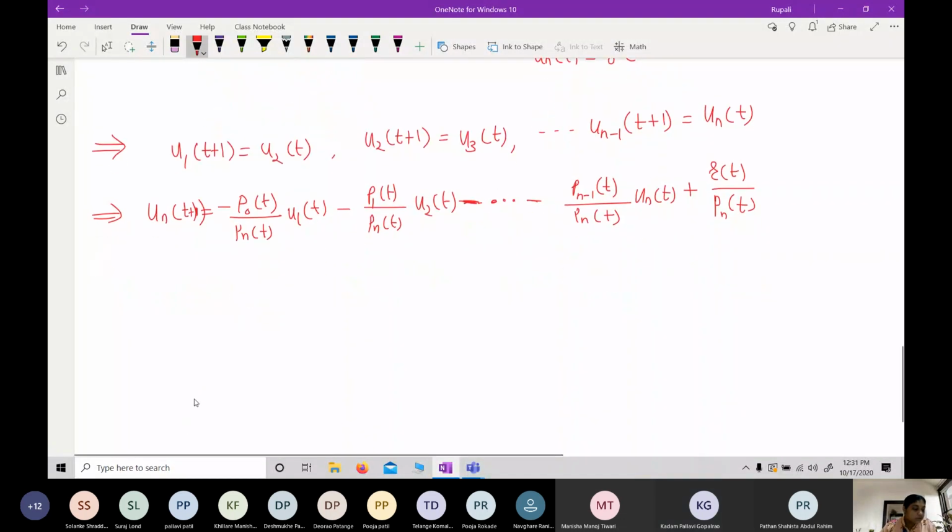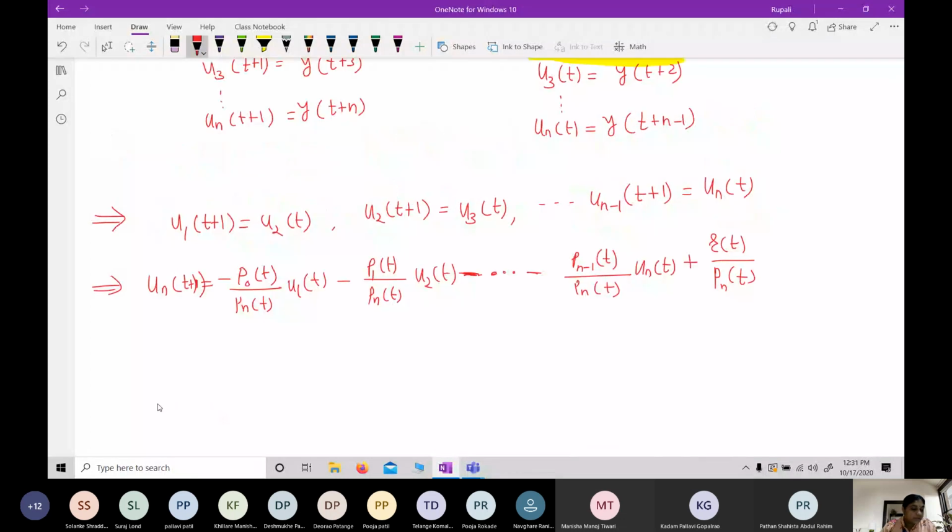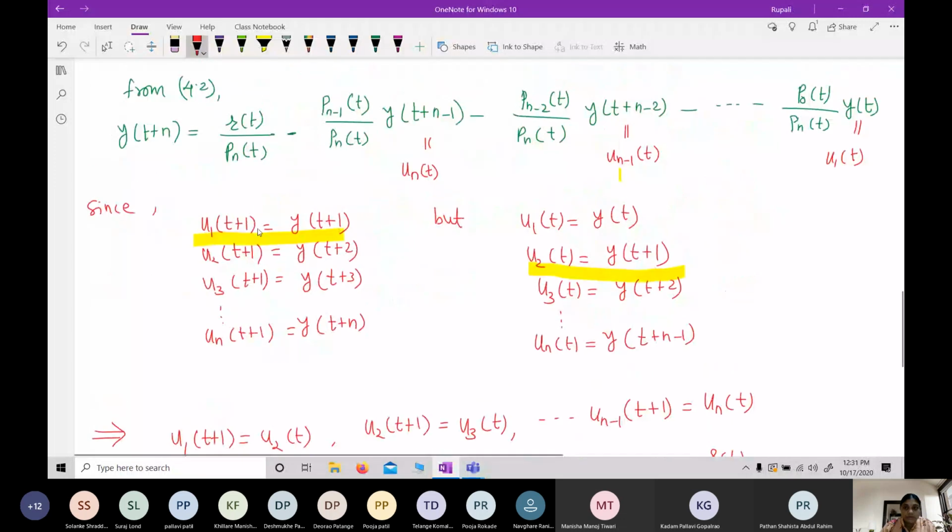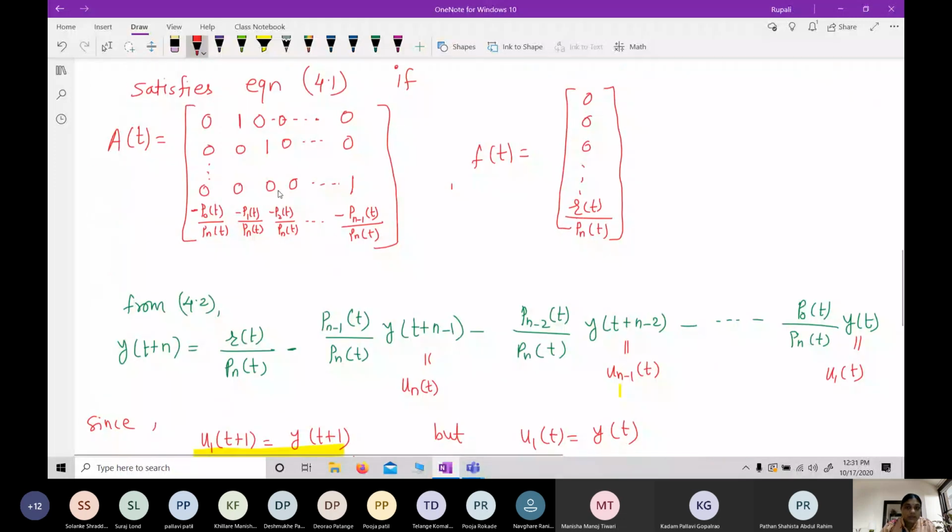Now, so I can write my matrix A of t is equal to this form, and f of t will be 0, 0, 0, rt upon p and t.